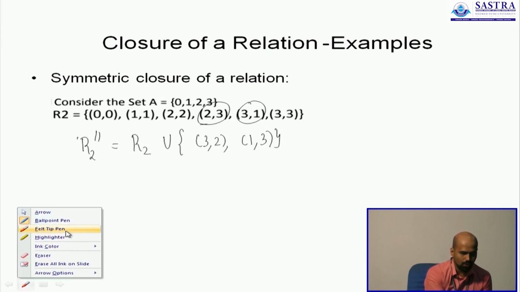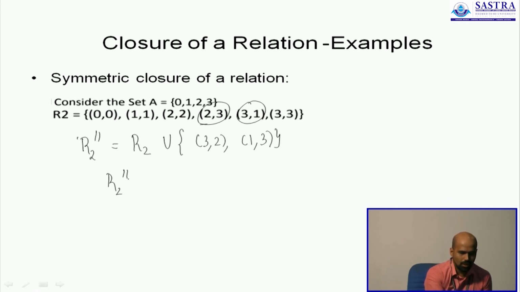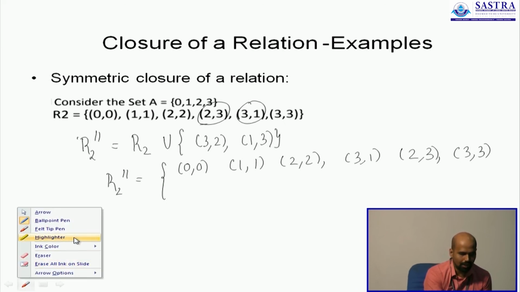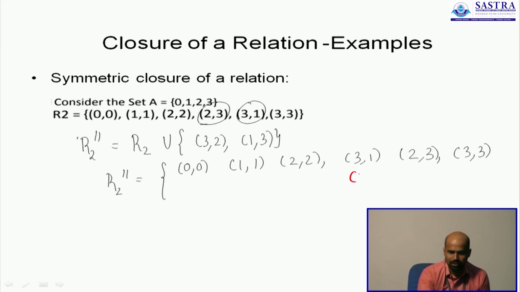Now this R2 double dash has all the ordered pairs which are initially present, and in addition it also has the pairs that are missing, 1, 3 for 3, 1 and 3, 2 for 2, 3.